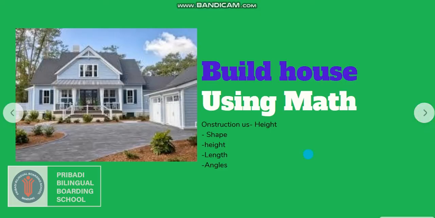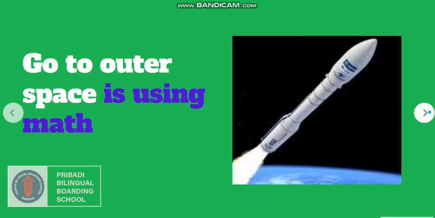The next one is when you build a house, okay? So here, as you can see, when we want to build a house, we need to decide the shape, the height, or the length, and also the angle. And that is using math when you build a house.